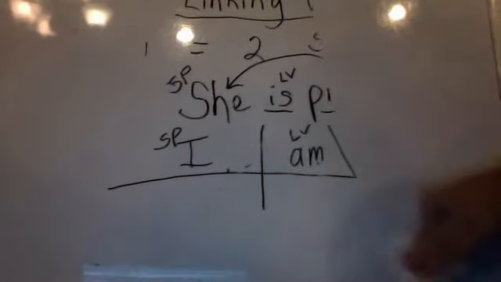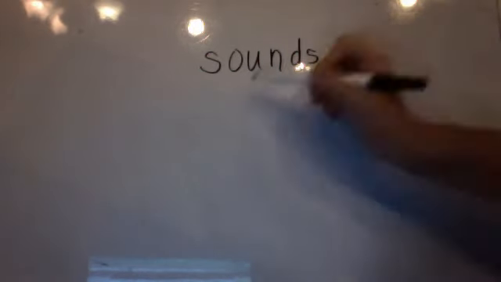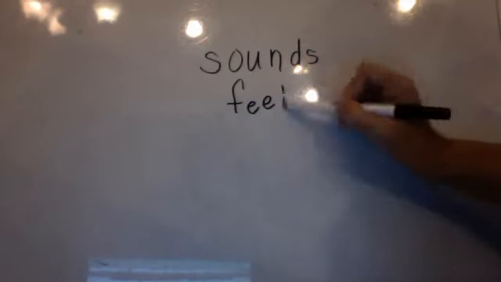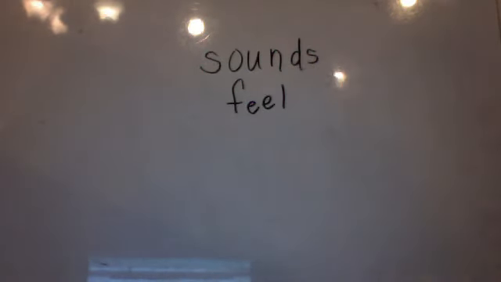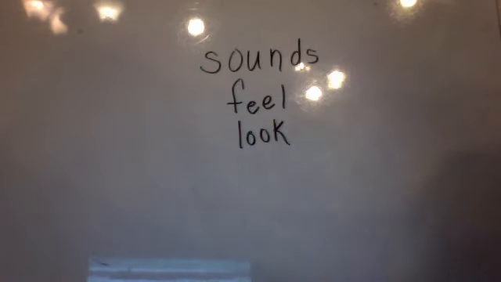So let me erase all of this. Now there are other words that I want to list out for you, and please write these down as you're taking notes. There are other words that we can use as linking verbs. I have a list for you. Sounds, feel, I feel scared. The drum sounds loud. Look, she looks tired.